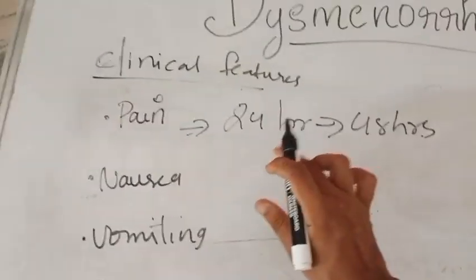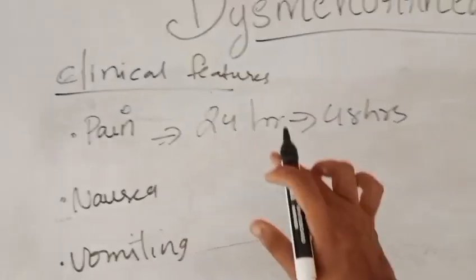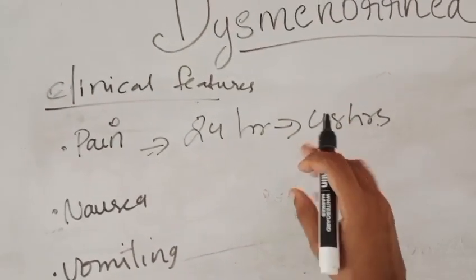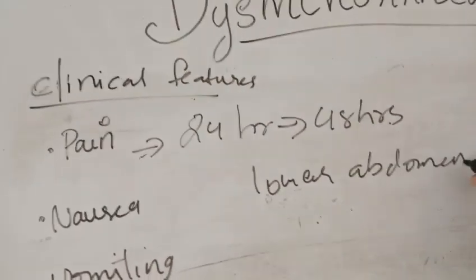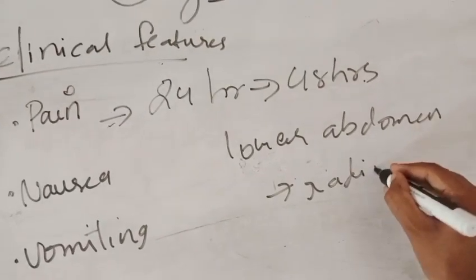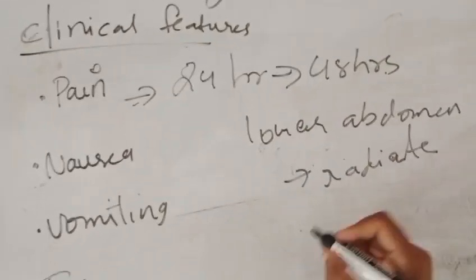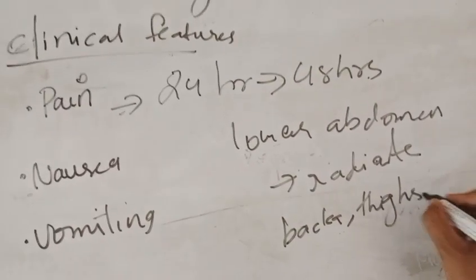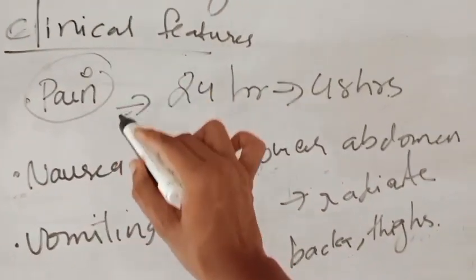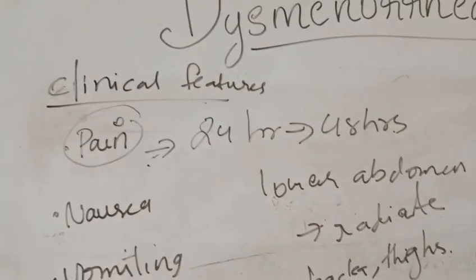The pain of primary dysmenorrhea is usually spasmodic and confined to the lower abdomen only, and it may radiate to what? Back and thighs.